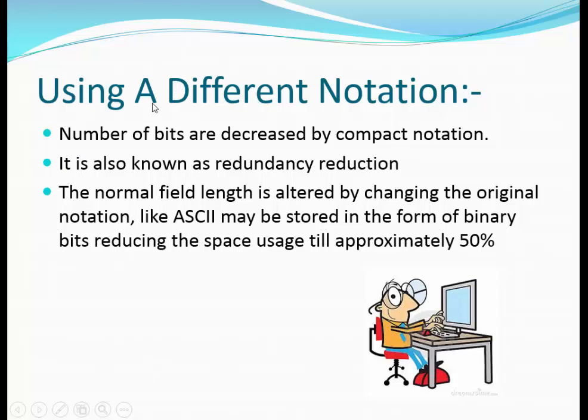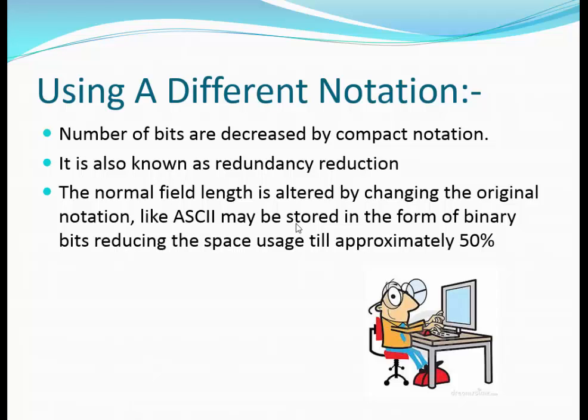Now, we will look at the first method, the basic method, which is called using a different notation. In this method, we decrease the number of bits in data by a compact notation. The basic idea of this method is to convert the form in which the data is stored. For example, if your data is stored in ASCII values, then this method will store them in bits value.